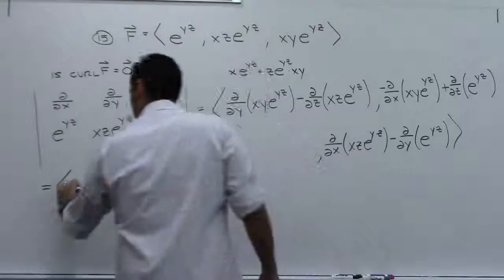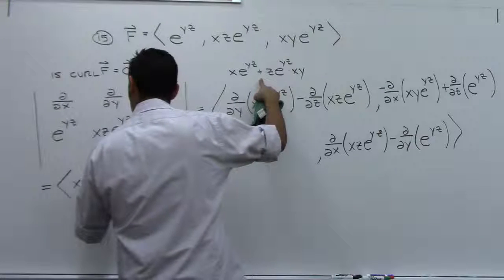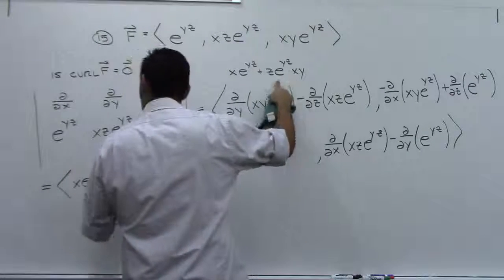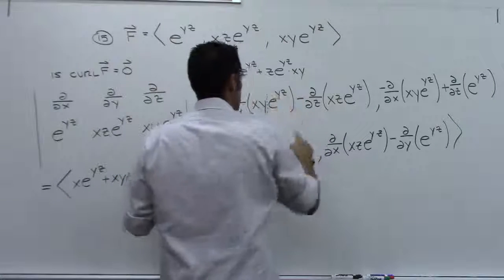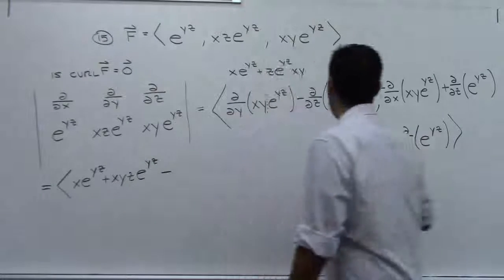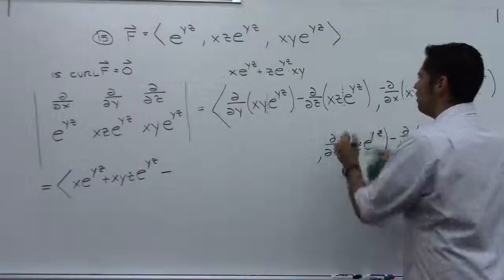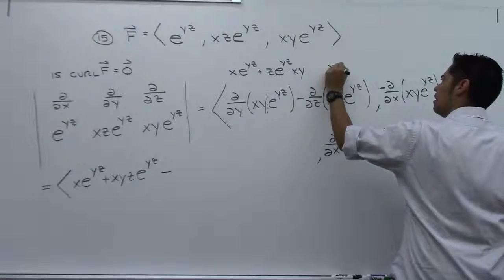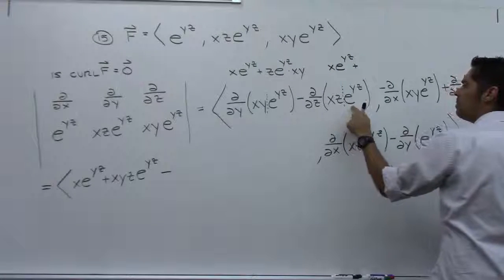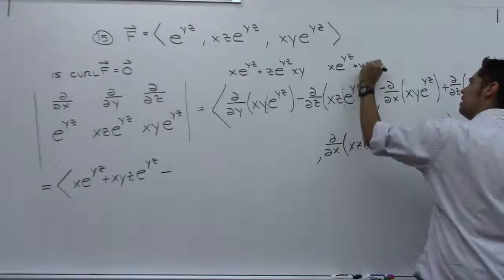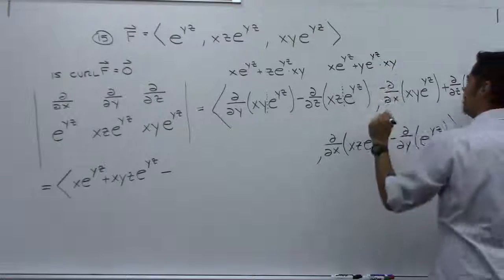So we have x e to the yz plus xyz e to the yz, then minus, okay, this with respect to z, so another product rule there. The derivative of this with respect to z is x times e to the yz plus the derivative of this with respect to z, which is y e to the yz times the first part xy, or sorry, xz.